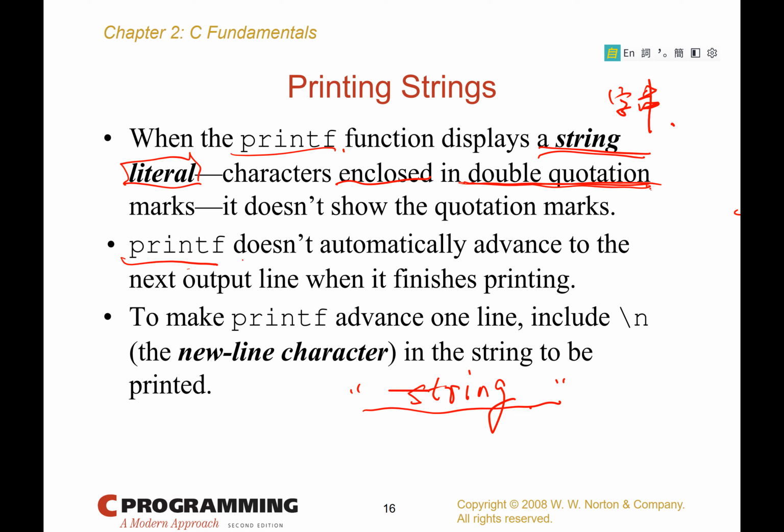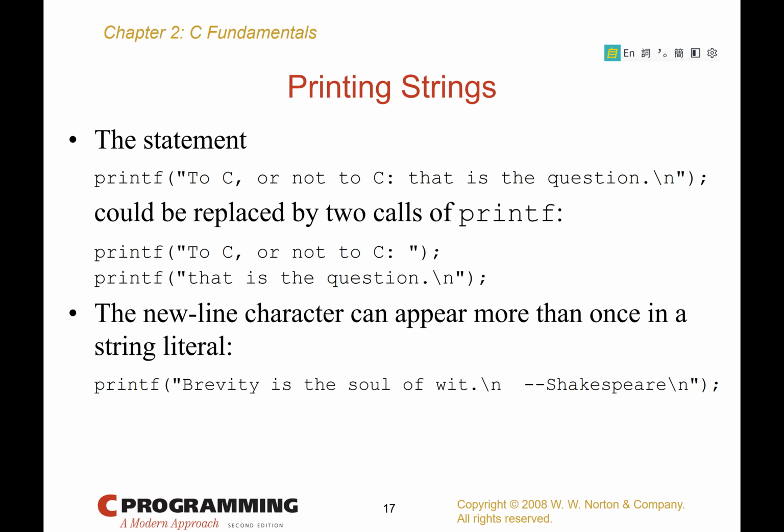printf does not automatically advance to the next line, so you have to put a \n, as I just told you. N means new line, which means jump to the beginning of the next line, the second line.